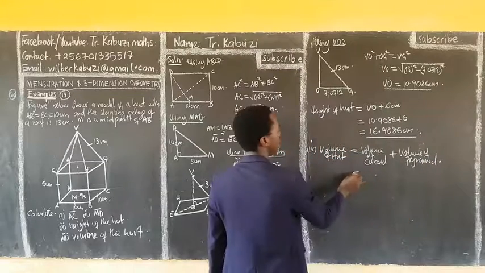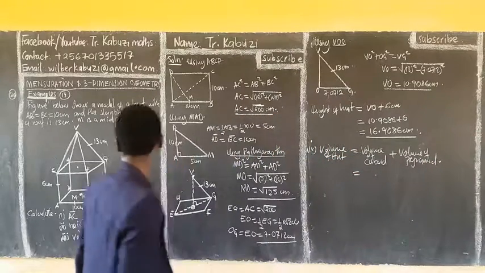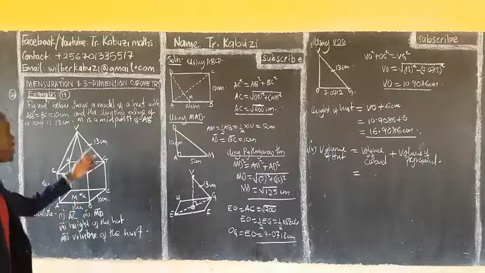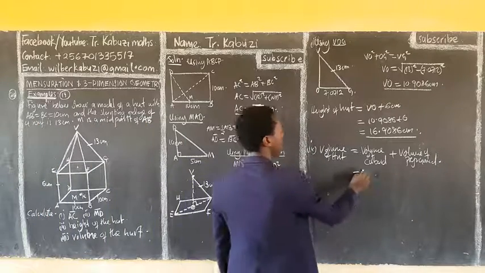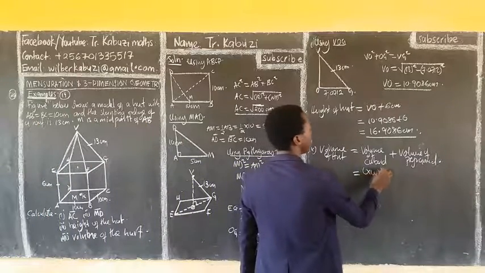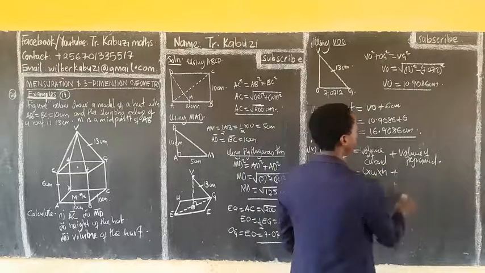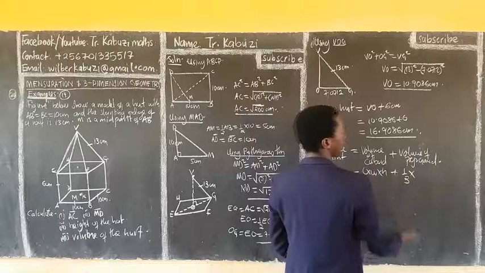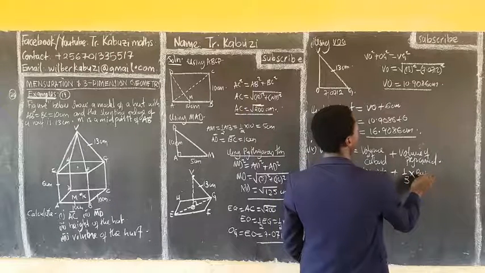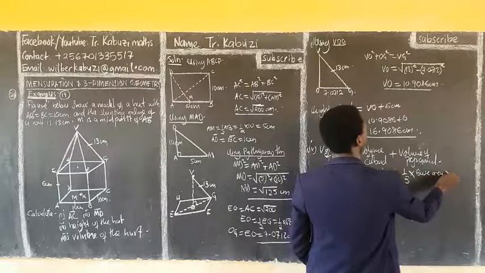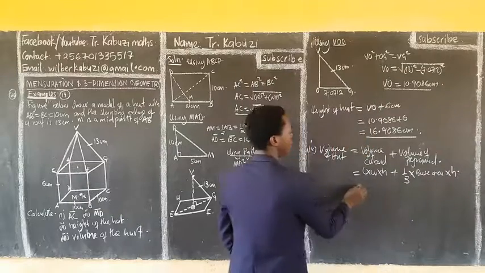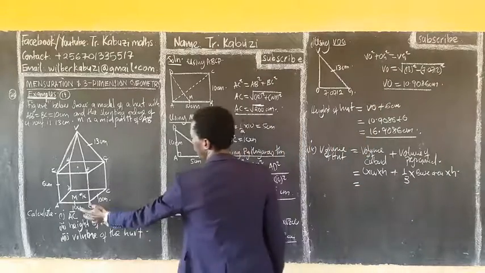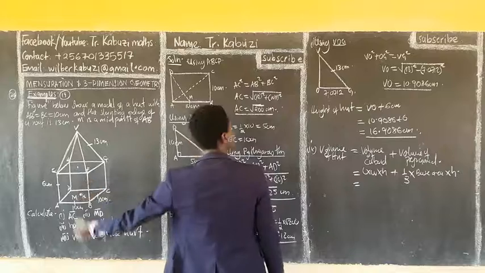which is going to be, now volume of the cuboid, we get it, we say length times width, then times height. It's going to be L times W times H, then plus a third times the base area, then times the height. So here we have the length is 10, the width is 10, then the height is 6.